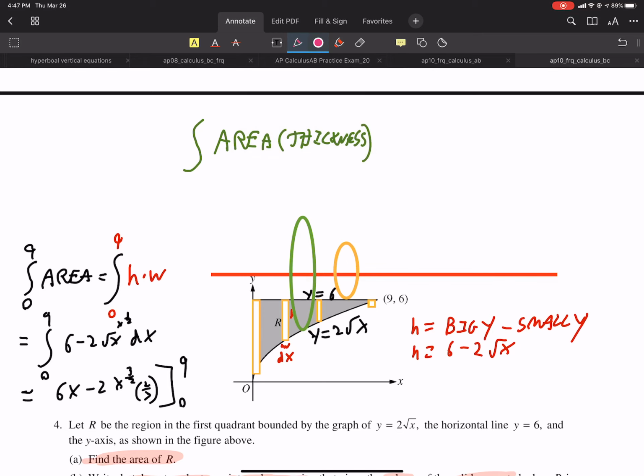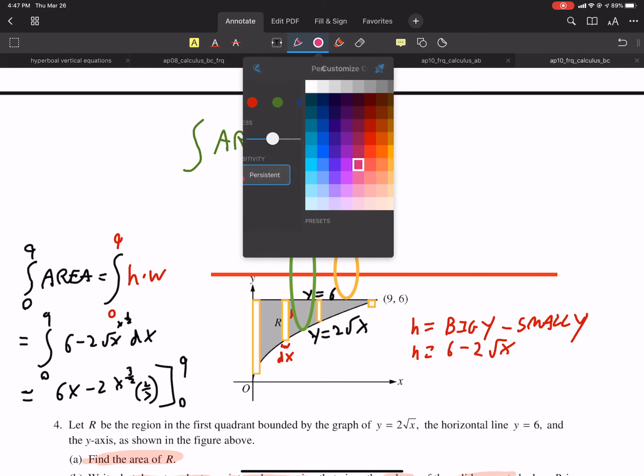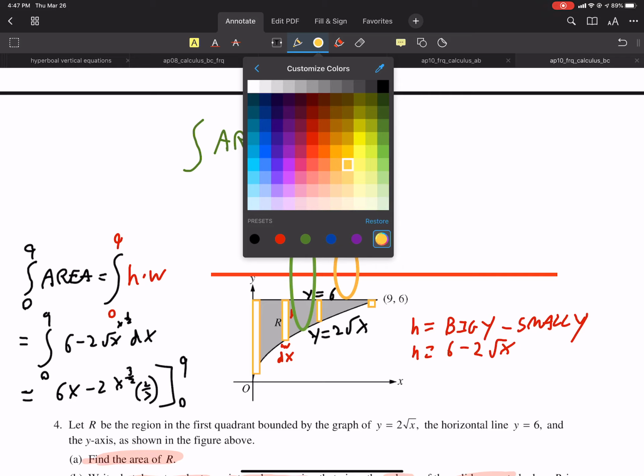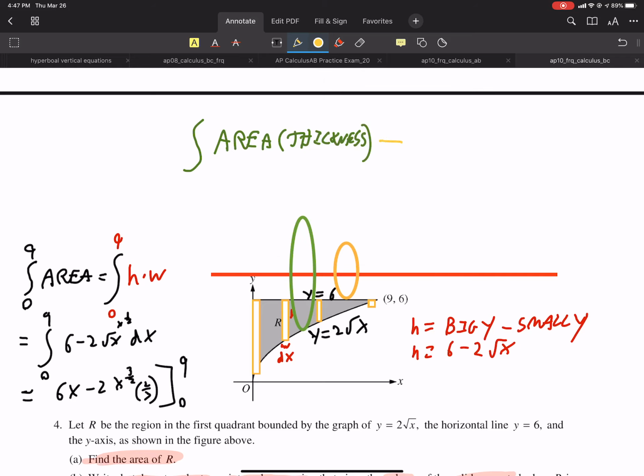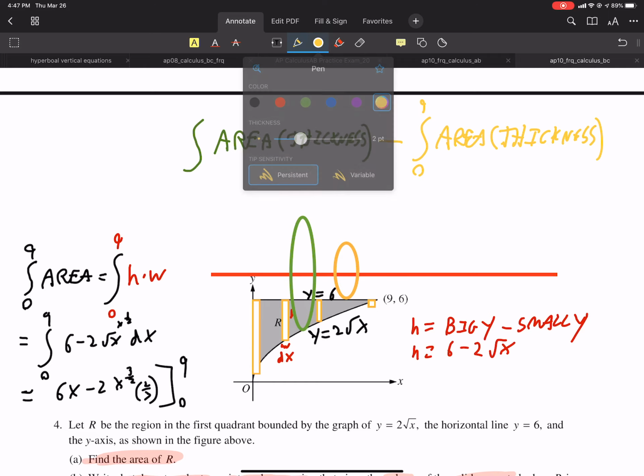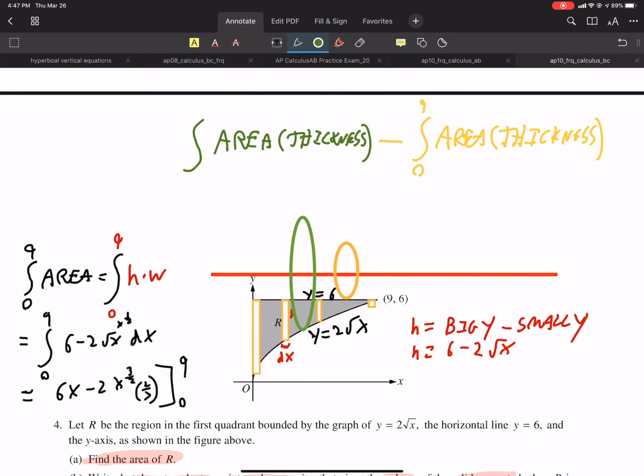Oh no, I don't have the yellow. Is it that color? I think that's it. Minus the integral, and again, it's the area times the thickness of the yellow. And that's from 0 to 9, and this is 0 to 9.